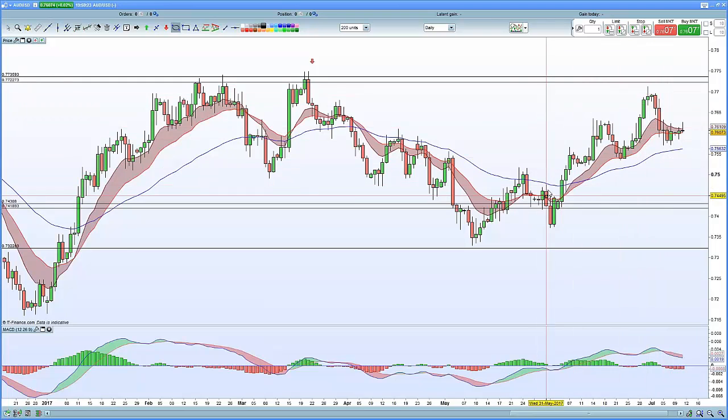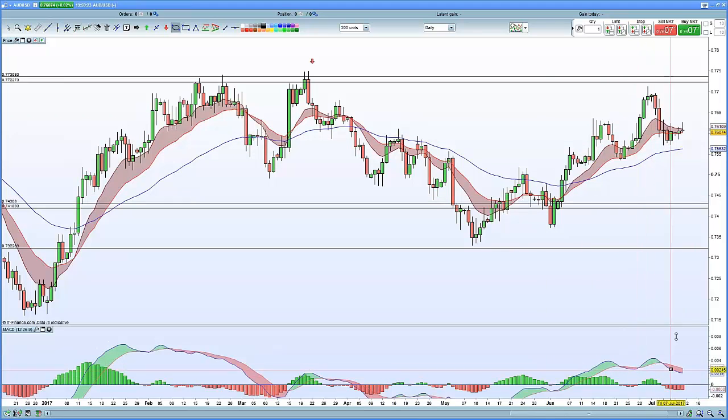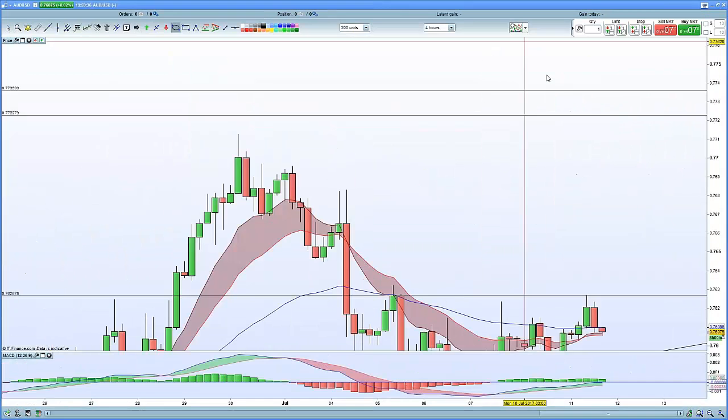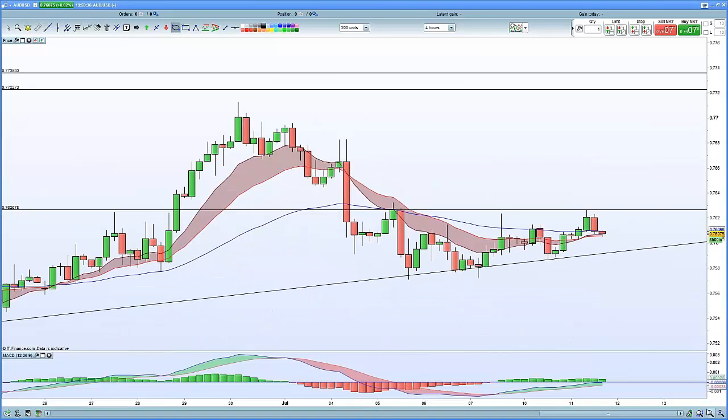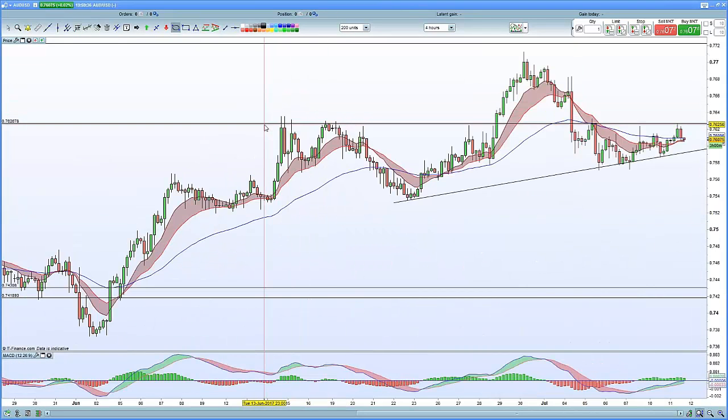Daily chart is still on the upside. In fact, if you look at the MACD, lower low, higher low, there's still a bit of a bullish divergence. So there might be some licks to the upside. Key level on the Aussie dollar you want to look out for is this line I drew here. See this line? This is a 4-hour chart, Aussie dollar 4-hour chart.